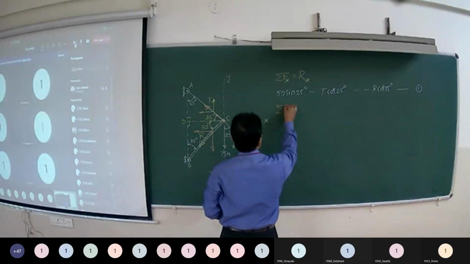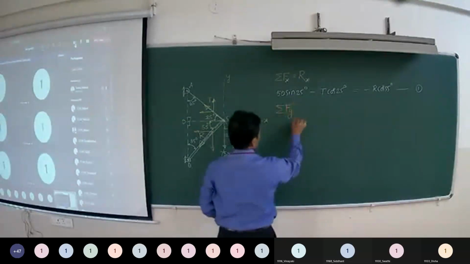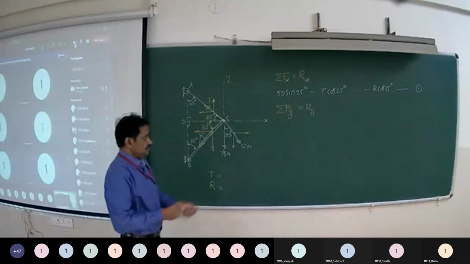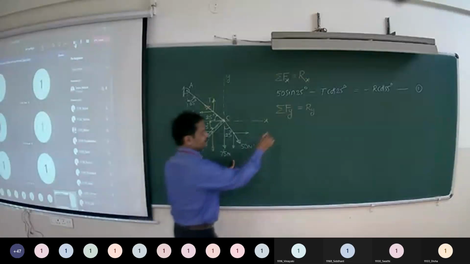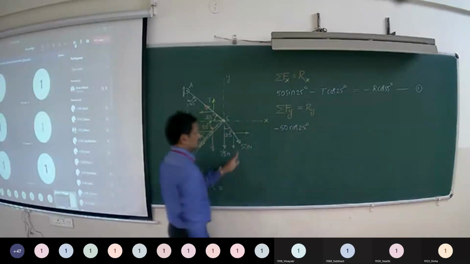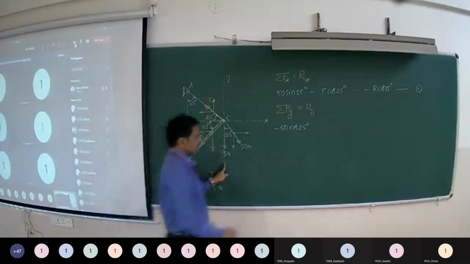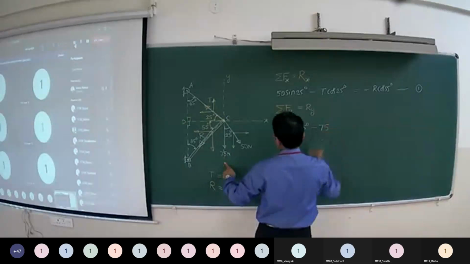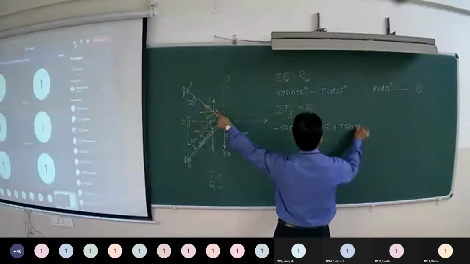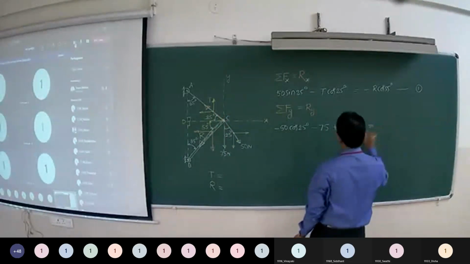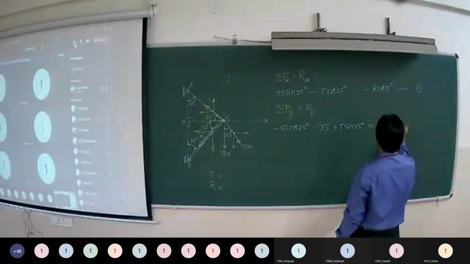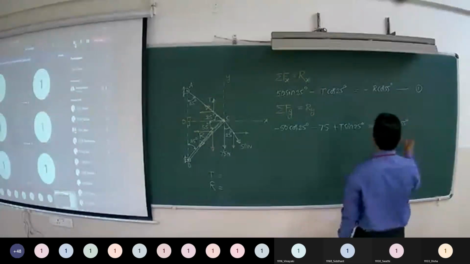Similarly, algebraic sum of y components of all forces is equal to y component of resultant. What is y component of 50? Minus 50 cos 25, right? Minus 75 plus T sin 25 is equal to y component of resultant, minus R sin 55.